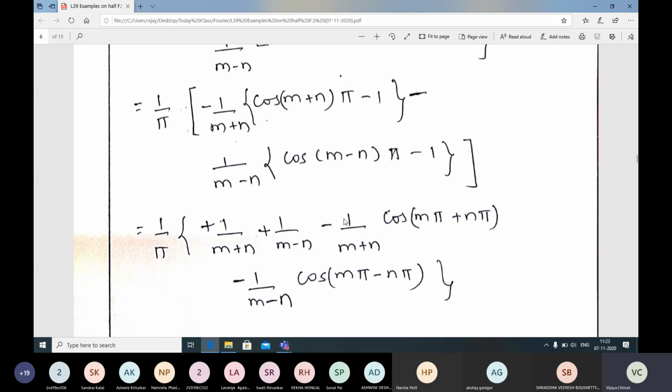We'll get this as 1 upon m plus n cos m pi plus n pi minus 1 upon m minus n cos m pi minus n pi, so multiplying this 1 upon m minus n to this cos m minus n pi.